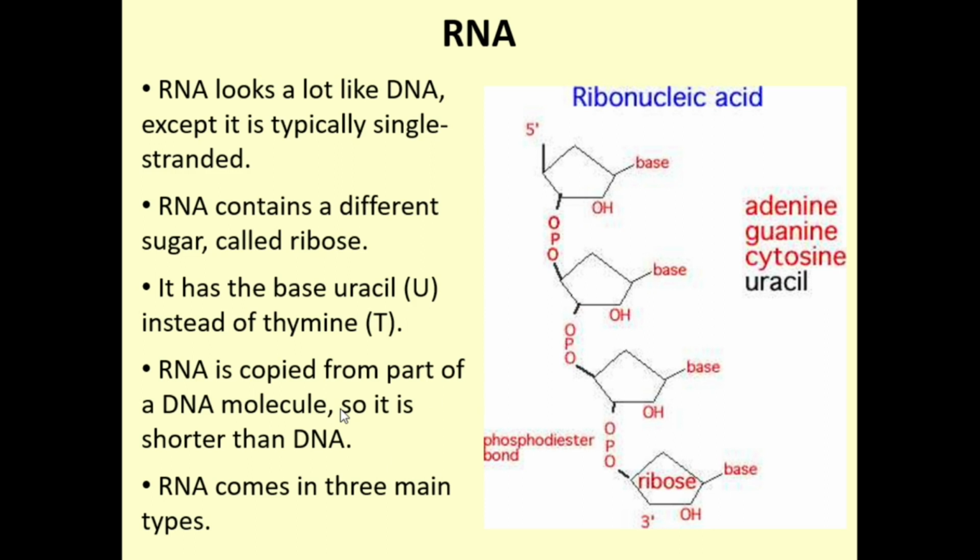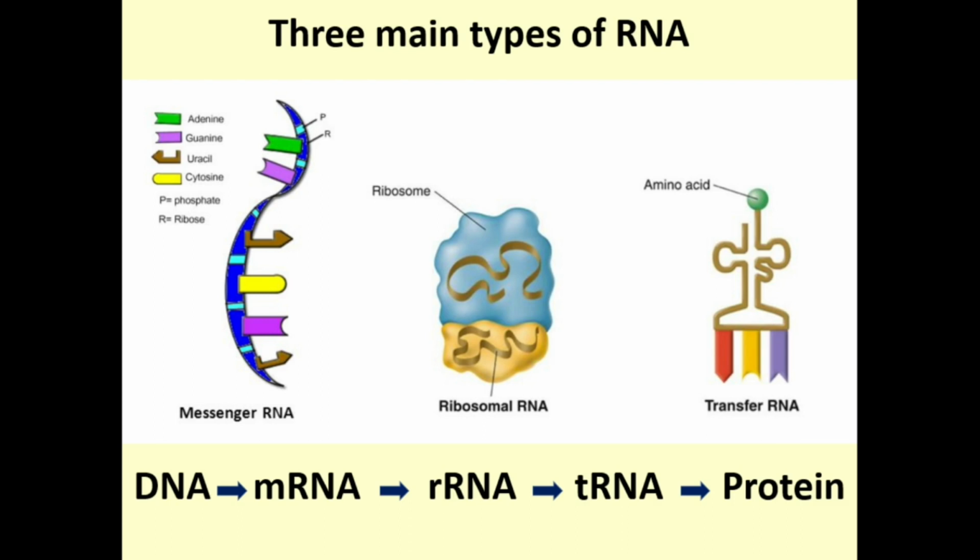And RNA is typically shorter than DNA because it's copied from a section of DNA. And RNA comes in 3 different main types: messenger RNA, ribosomal RNA, and transfer RNA. DNA is the instructions for building proteins. RNA actually does the building of the protein.